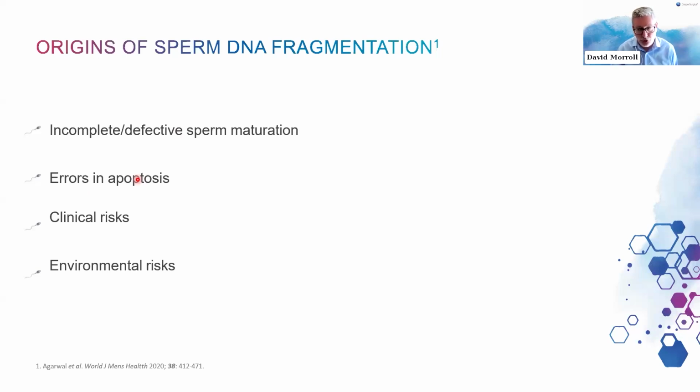The apoptosis would normally ensure that defective germ cells are not able to go through spermiogenesis and form fully mature sperm, but errors in that can occur. They can occur in the testes or the genital tract, that allow breaks in DNA to be passed through to the mature sperm. And then we have clinical risks and environmental risks that affect the sperm after production. We'll come on to those in just a moment.